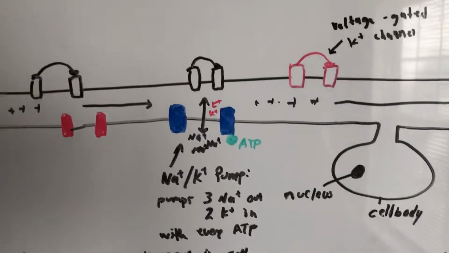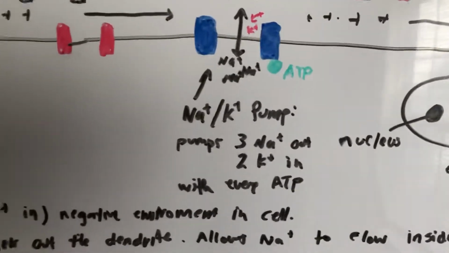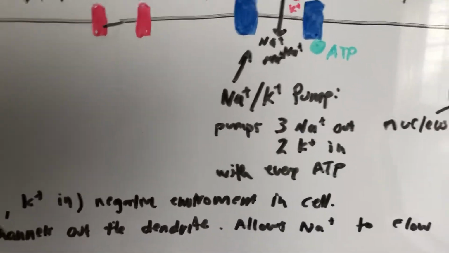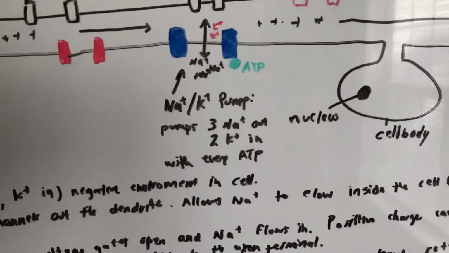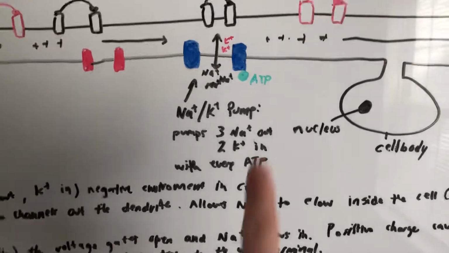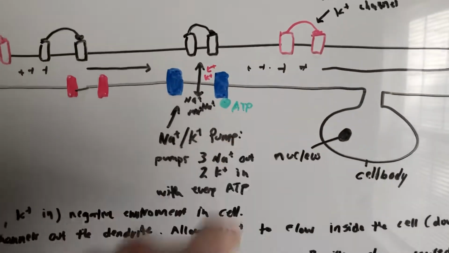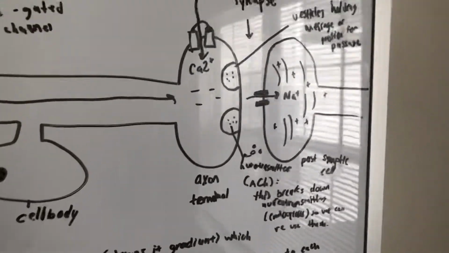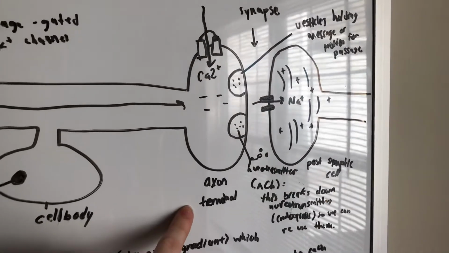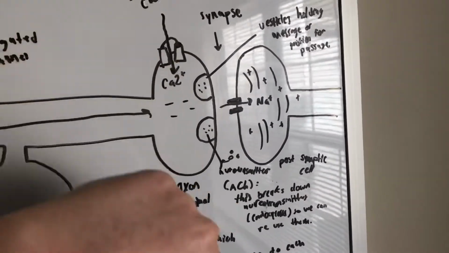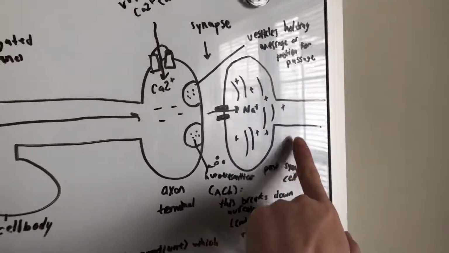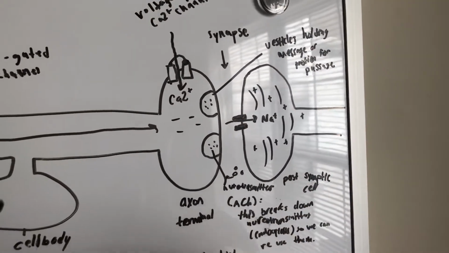And the ones colored in blue are the Na/K pumps, which always pump 3 sodium out and 2 potassium in with the help of ATP attached. At the end is the axon terminal. The synapse is in the middle here, and then this is another cell called the postsynaptic cell.